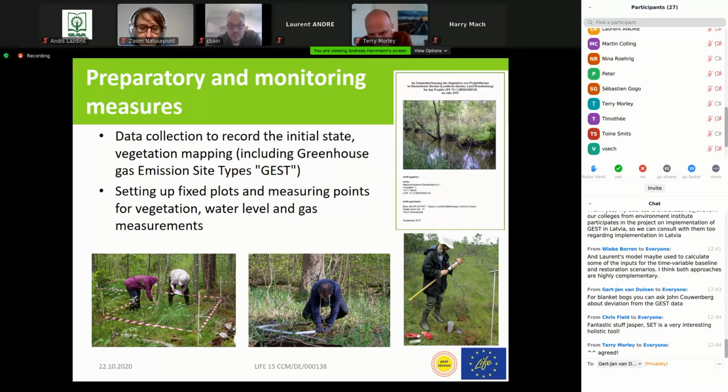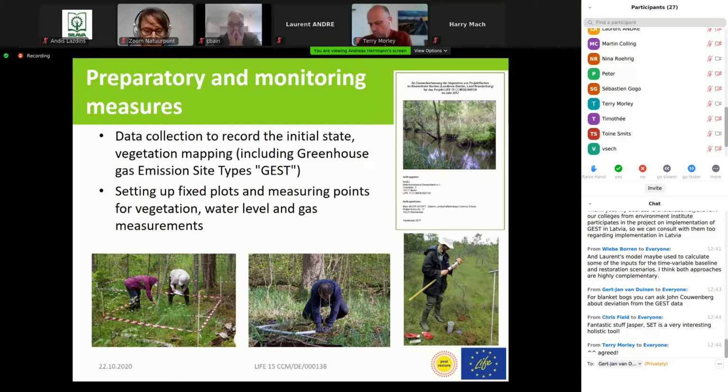So the first thing is to translate this German-based approach, explain to them how it works, how we can use it, and also look at what they have as GEST types in the different countries.